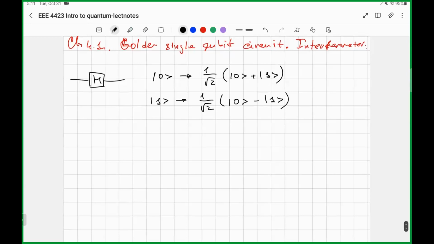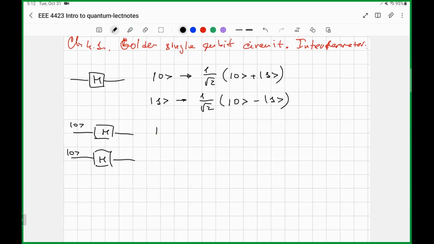For example, if I consider a 2-qubit circuit with two Hadamard gates, and give 0 0 in the input, what would be the output?